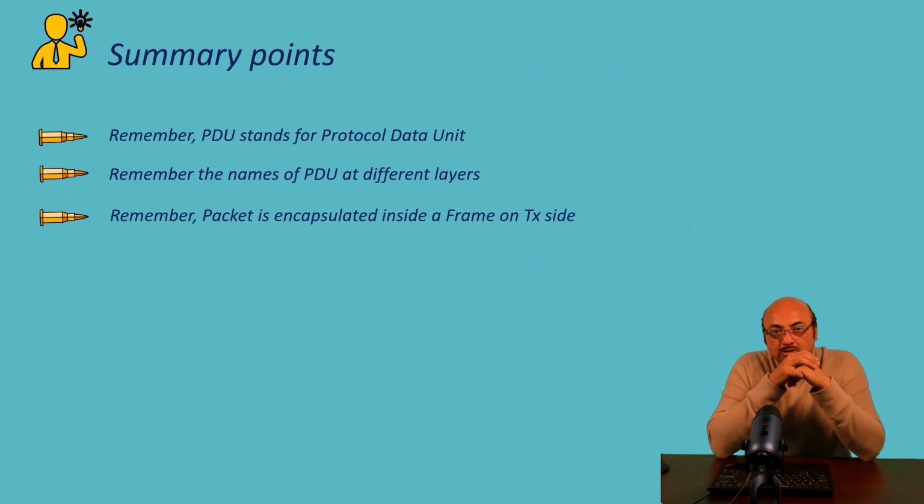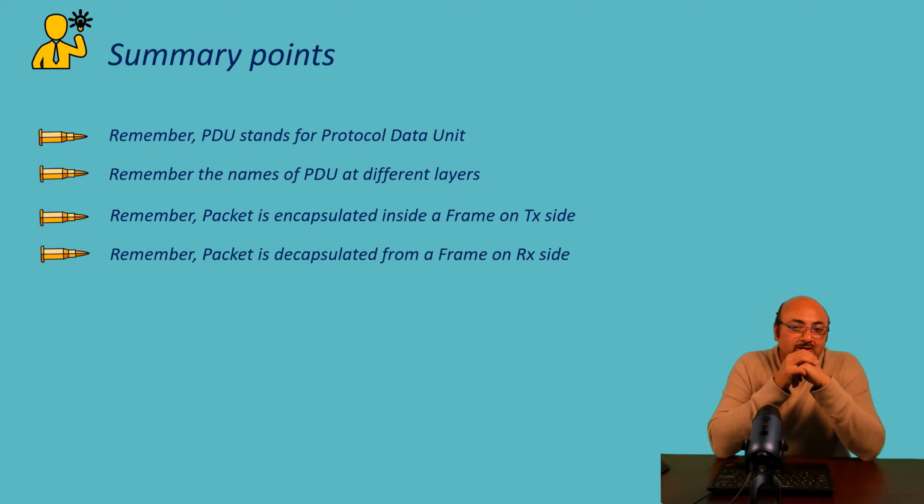Summary points. By now you should have a clear understanding about what PDU stands for. It stands for Protocol Data Unit. You should know that on layer 2, the PDU is known as frame, on layer 3 it is called packet, and on layer 4 we have segments or datagram.